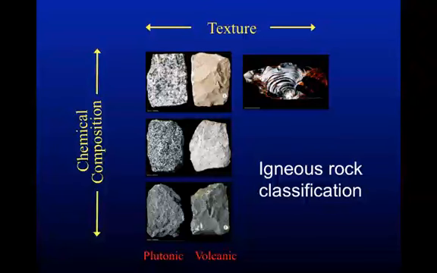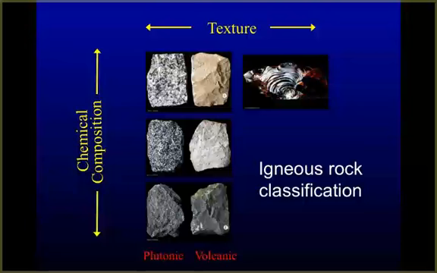All right, when it comes to igneous rocks, we broadly classify them based on chemical composition and on the texture. And so you'll see here that I've got rocks side by side. Up at top here, we've got the two texturally different rocks, but compositionally they're the same.